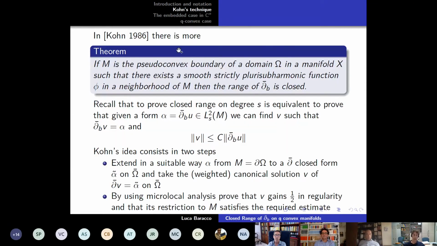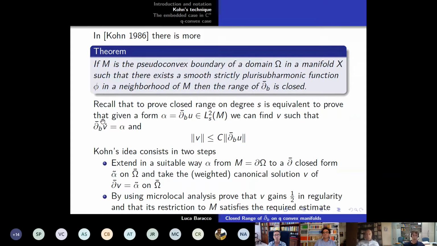But in the work of Kohn, there is much more. He proved that if M is the pseudo-convex boundary of a domain omega in a manifold X, such that there exists a smooth, strictly plurisubharmonic function phi in a neighborhood of M, then the range of the d bar B is closed.